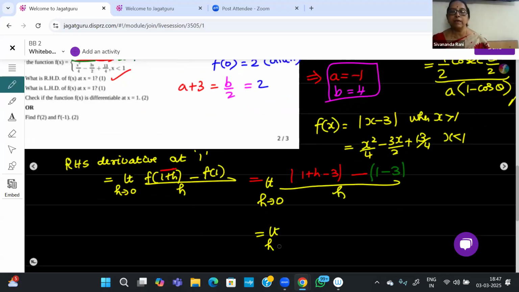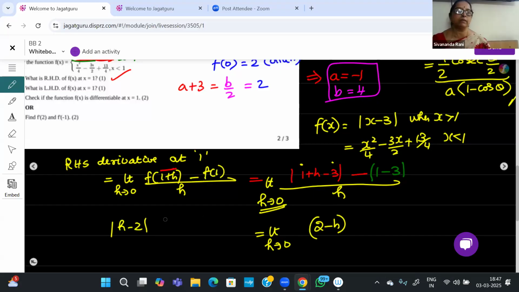After that, what is the mod of 1 minus 3? Minus 2, isn't it? So mod of h minus 2. But what is h? H is a very small quantity, no? Tending to 0. So something like 0 minus 2. But it's negative, but mod is there. So it will become, very good, 2 minus h. It wouldn't be h minus 2.